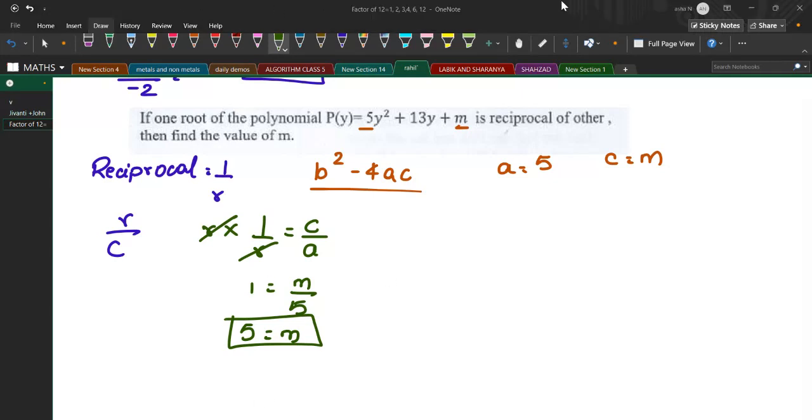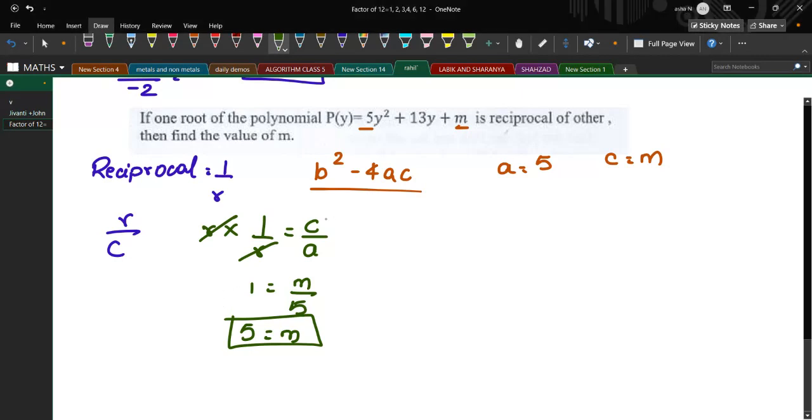Now clear? Now this formula we should be aware of. When there is a root of the polynomial and the reciprocal of the root, then when you multiply them, you will be getting c upon a. And we are quite aware of what is c and what is a.